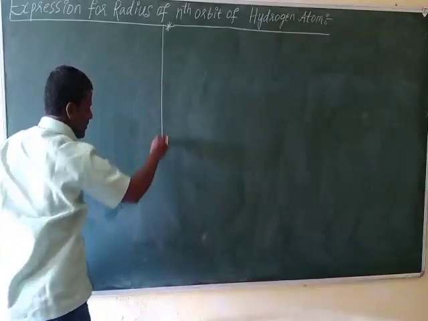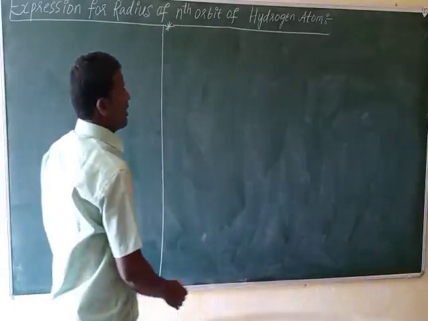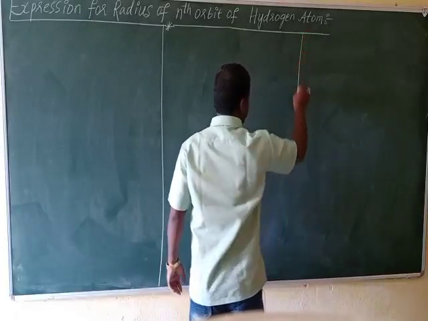Consider an electron revolving in the nth orbit of a hydrogen atom.